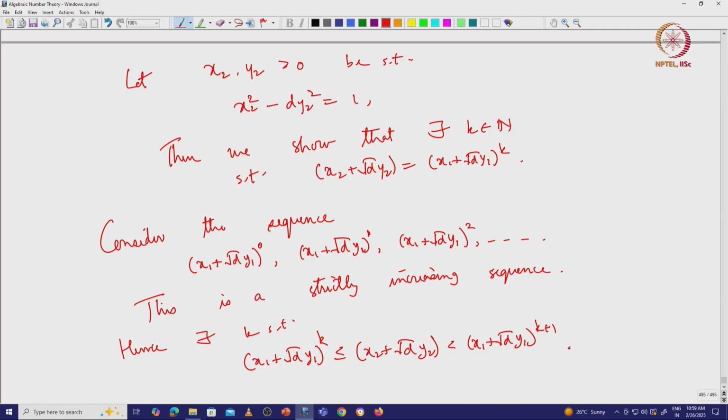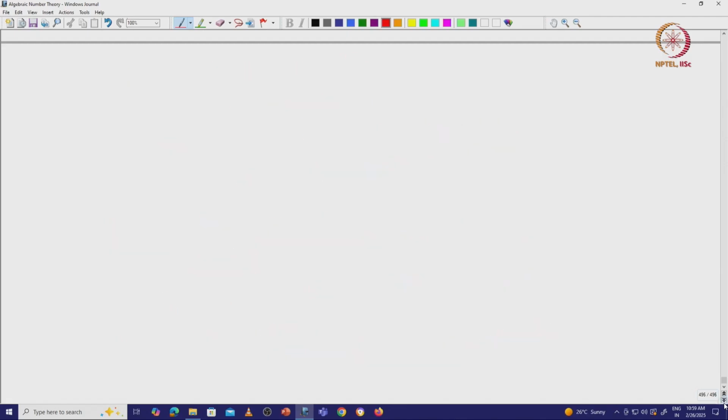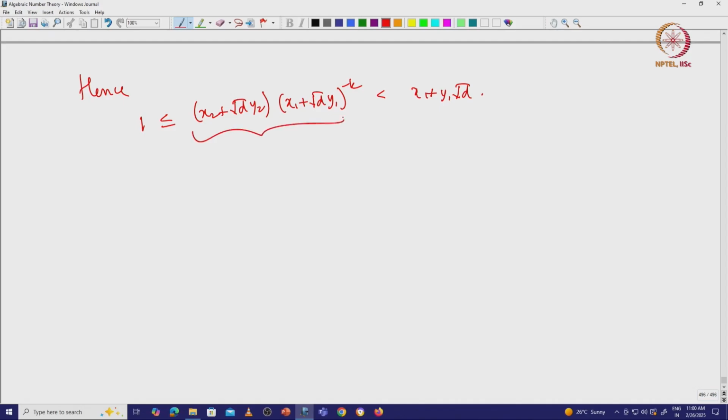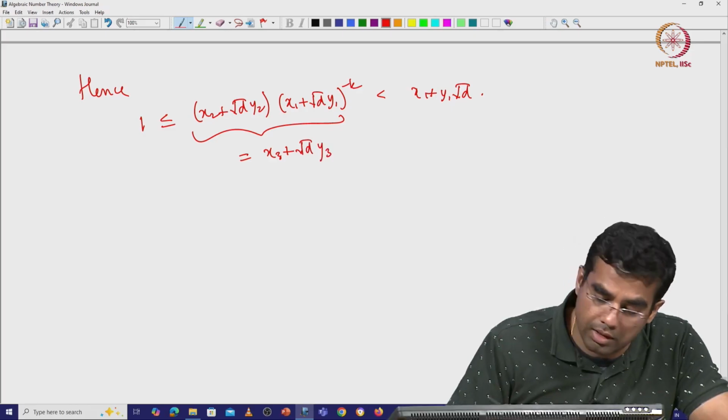So, I can rearrange this, I can divide out by (x1 plus square root of d y1) to the k and get, so hence 1 is less than or equal to (x2 plus square root of d y2) times (x1 plus square root of d y1) to the minus k, and less than x1 plus y1 square root of d, right. So, now you write this as x3 plus square root of d y3, right. You can write such an expression uniquely.